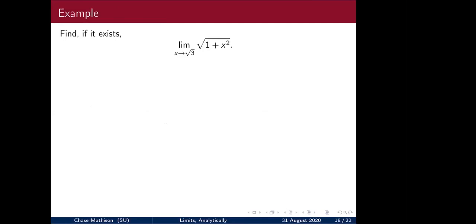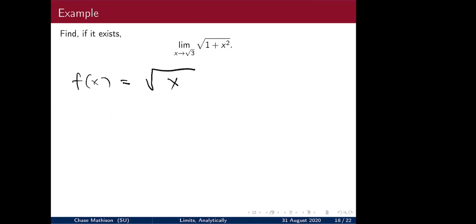All right, so find, if it exists, the limit as x approaches the square root of 3 of the square root of 1 plus x squared. I'm going to walk through this explicitly using that theorem from before. Here we have f of x is just the square root of x.